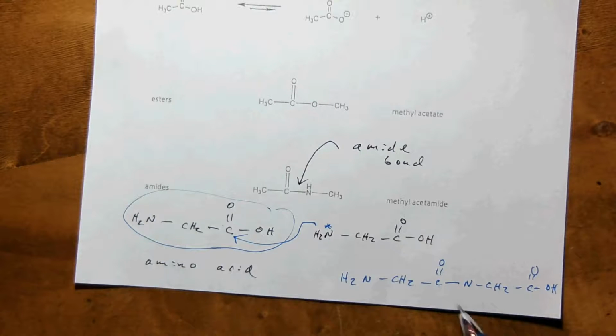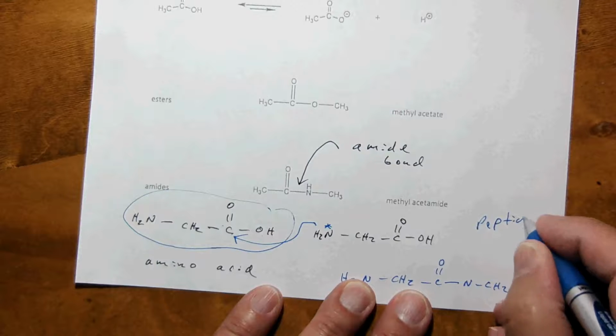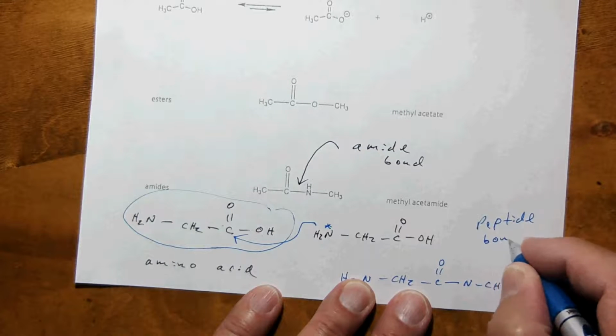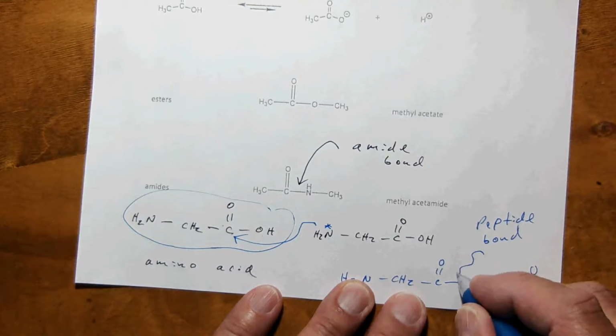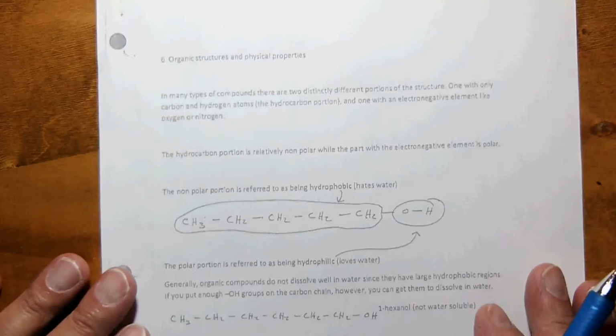Now, in biology, they won't call it an amide bond, they'll call it a peptide bond. That's because they're biologists and they don't know any better. To a chemist, it's an amide linkage or an amide bond. But again, if it's occurring in a protein structure, then it's referred to as a peptide bond. Anyway, no, that won't be on the test, but just thought I'd let y'all know.